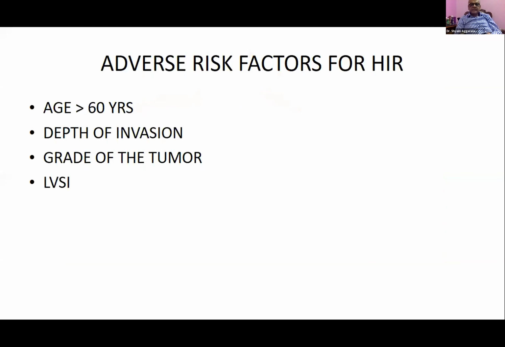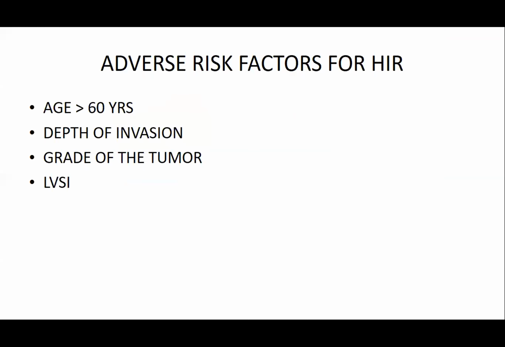Next, please. So let's go on to some of the cases which we have, tailor-made to study this. This is another important issue. Dr. Kannan, would you like to make a comment here? Yes, doctor. Thank you. Age more than 60 as far as the PORTEC is concerned, but age more than 50 as far as the GOG 249 is concerned.